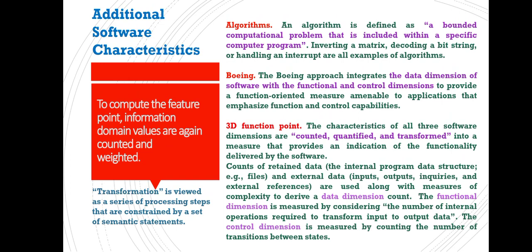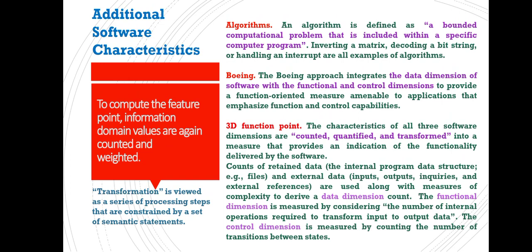Next, coming to the interrupt. An interrupt is nothing but whenever the process is undergoing some disturbance or some change is occurring in between, which disturbs the entire process of any particular organizational data, then we consider it as an interrupt.